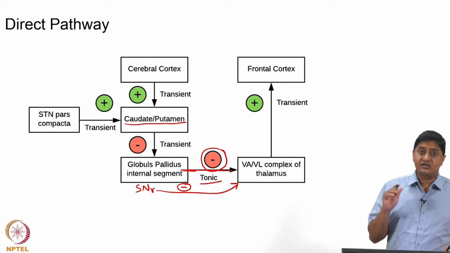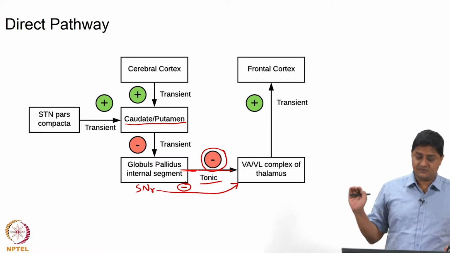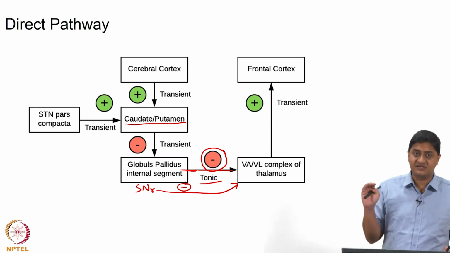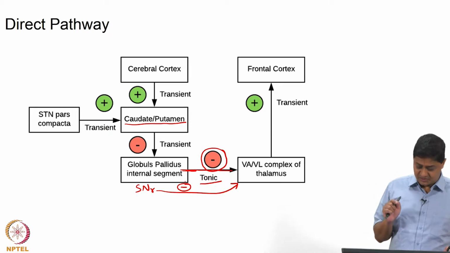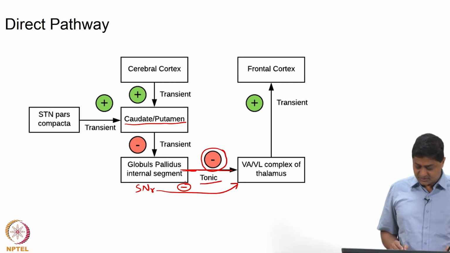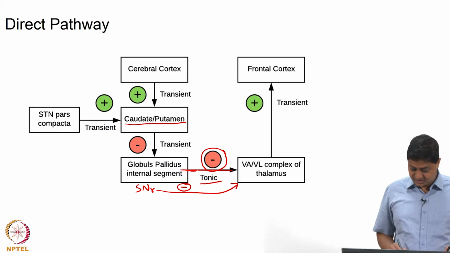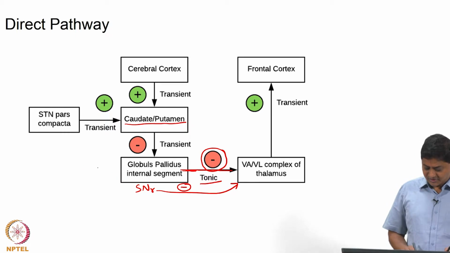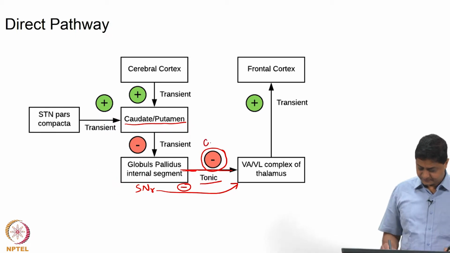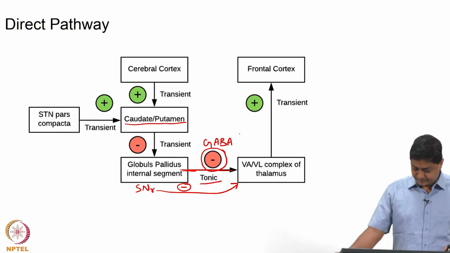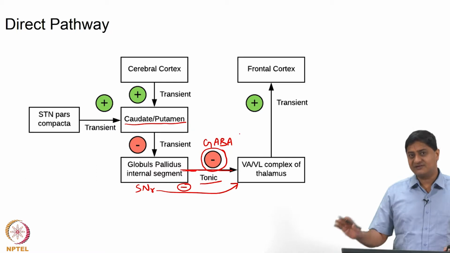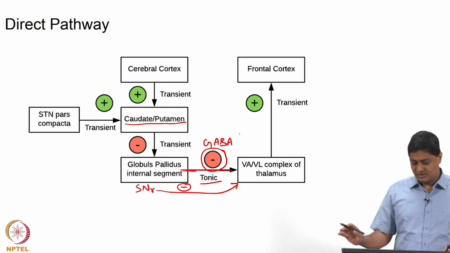Tonically means constant inhibition. It is always present except when that neuron itself is inhibited. These neurons in globus pallidus internal are GABAergic. From there these GABAergic neurons project to the thalamus and constantly inhibit.